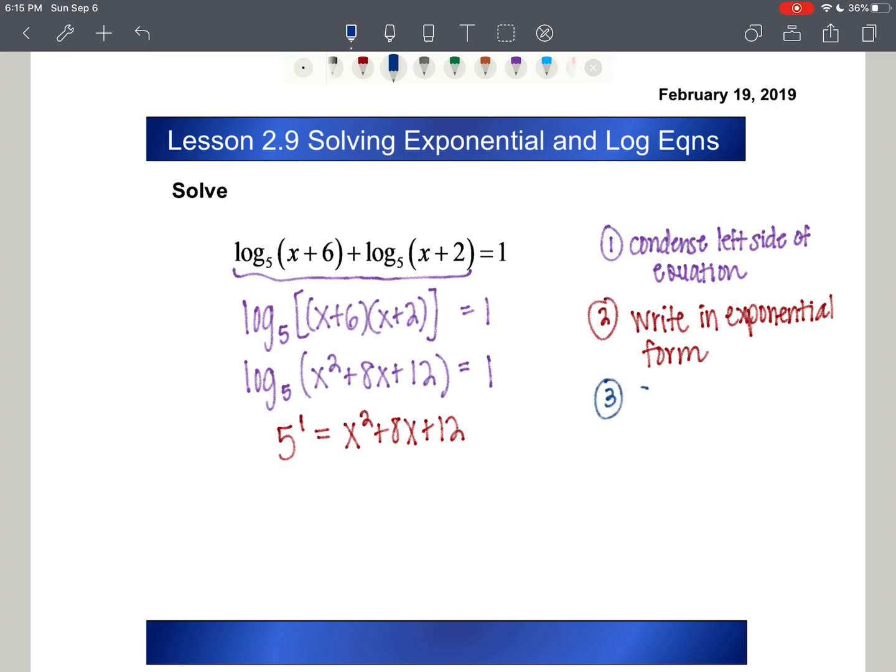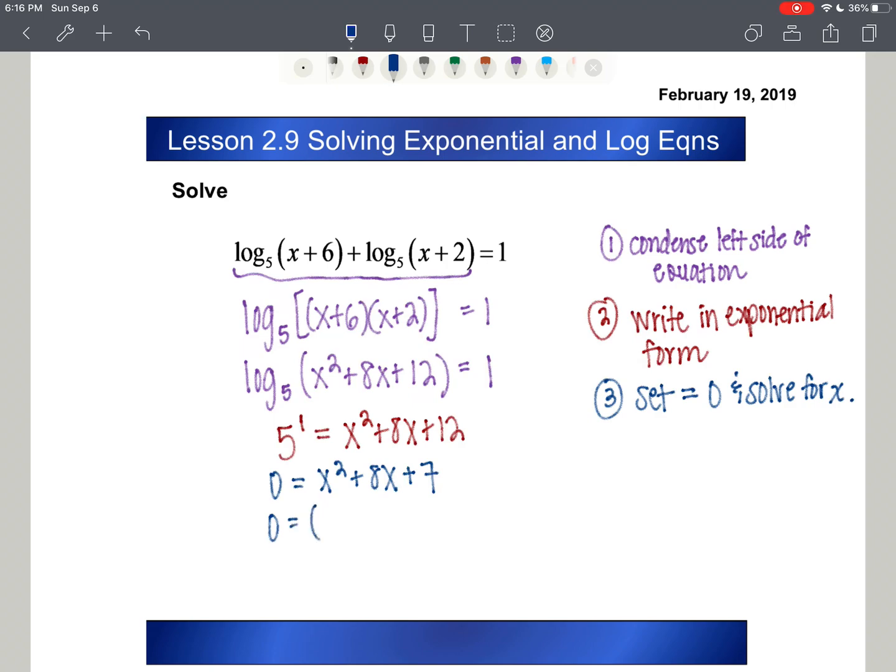Our last step is going to be to set the equation equal to 0 and solve for x. So 0 equals x squared plus 8x, subtract 5 from both sides, and we get plus 7.